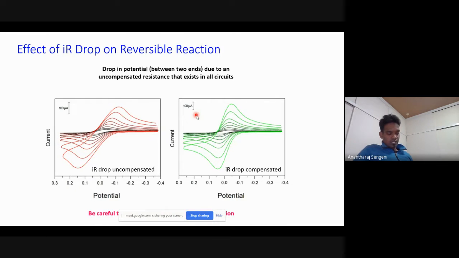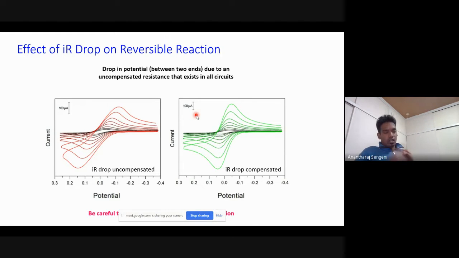When the capacitance is larger, charging the capacitor, I mean the double layer, through the resistor already existing in your circuit is going to take some time. That time keeps your interface from experiencing the actual potential we are trying to apply. So there is always a potential drop because of the double layer capacitance at the interface.